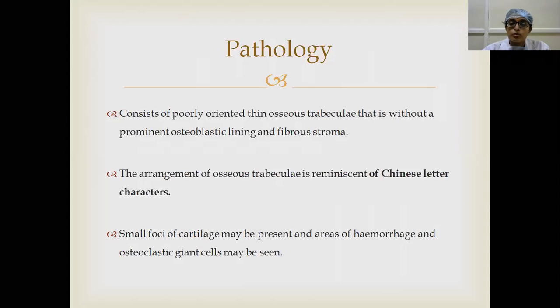This arrangement of osseous trabeculae reminds us of Chinese letter characters. So Chinese letter pattern is seen in fibrous dysplasia. This is one of the fancy terms used in relation to fibrous dysplasia. And sometimes there will be small foci of cartilage, hemorrhage, and osteoclastic giant cells may be seen.